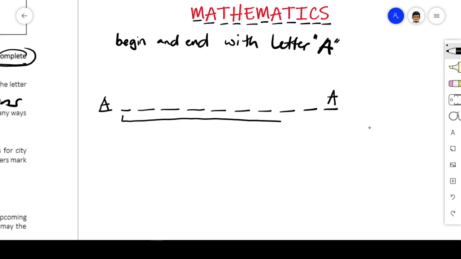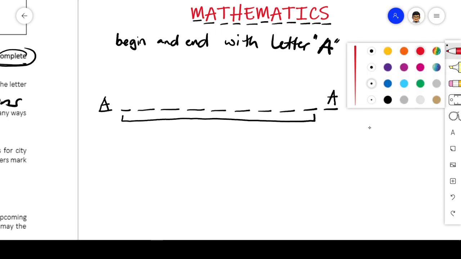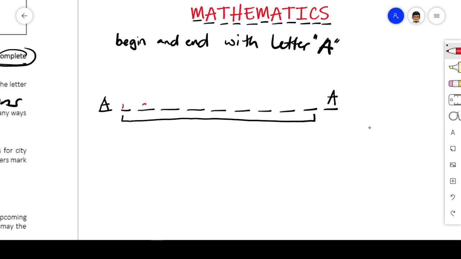So this is what's left. We have 1, 2, 3, 4, 5, 6, 7, 8, 9. So we only have 9 positions left. Do not forget, only 9 positions.